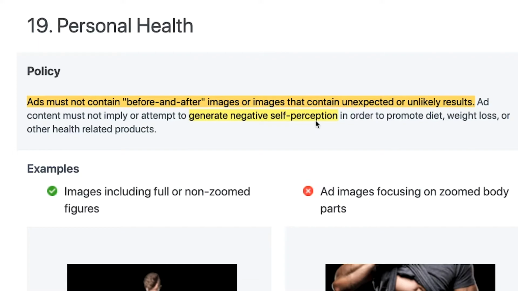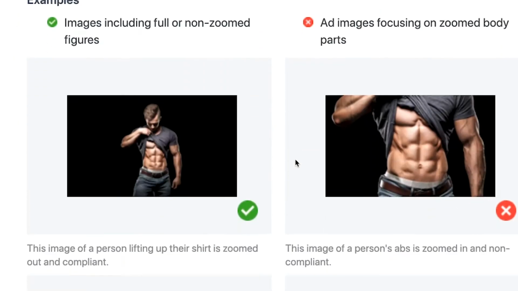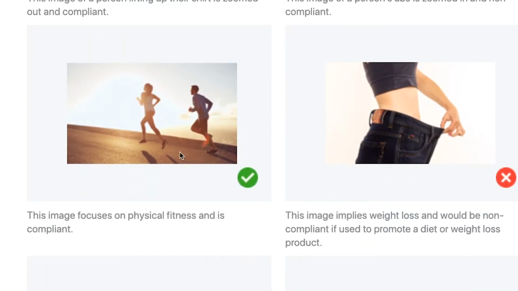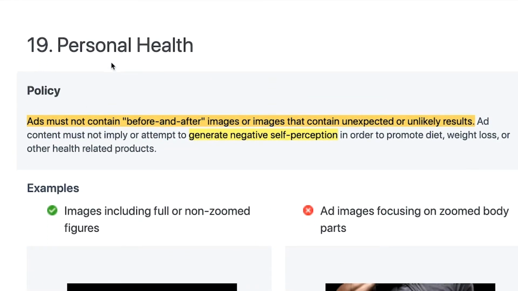And that's not what Facebook wants. Obviously, they want people to spend the most time on Facebook. So you want to align with their goals and their interests. And what you want is for people to feel good when they see your ads, not bad about themselves. That's the key here, okay? So that's pretty much the deal for personal health. They give other examples, right? Like this would be okay, this would not be okay. So that would be personal health.